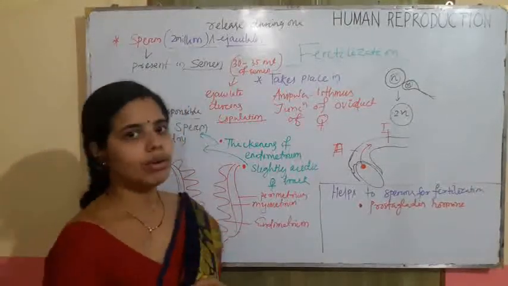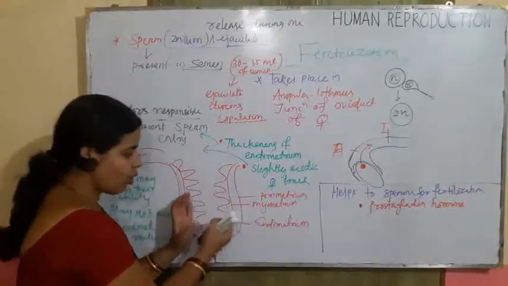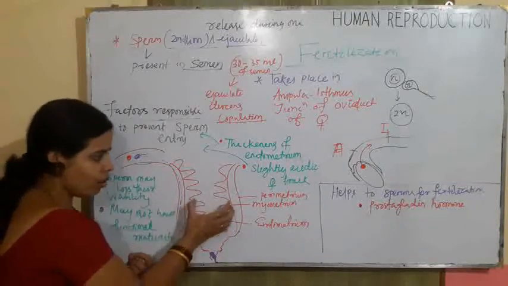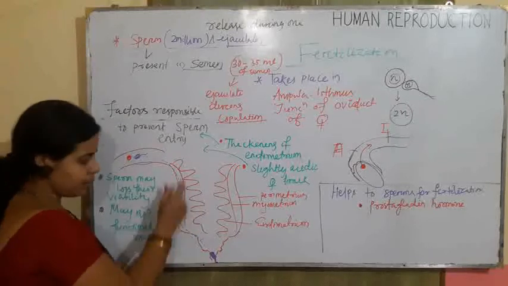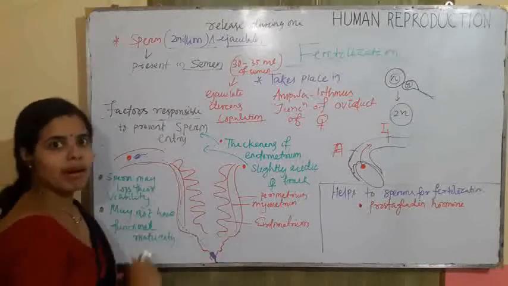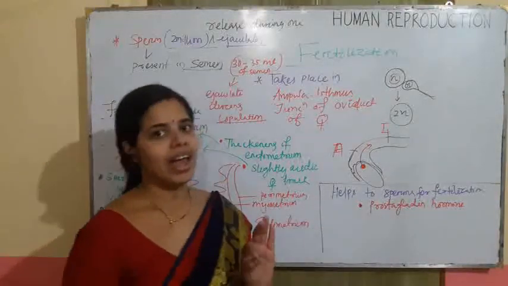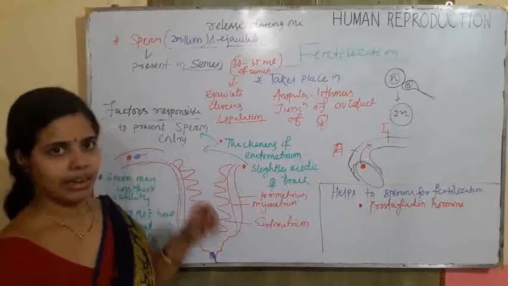So what is the function of this hormone? Contraction of the uterine wall. If contraction of the uterine wall takes place, there is a chance of opening of the path through which the sperm has to travel. So that hormone helps the sperm to enter.